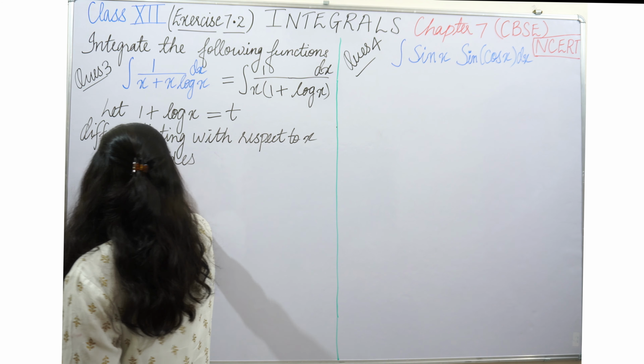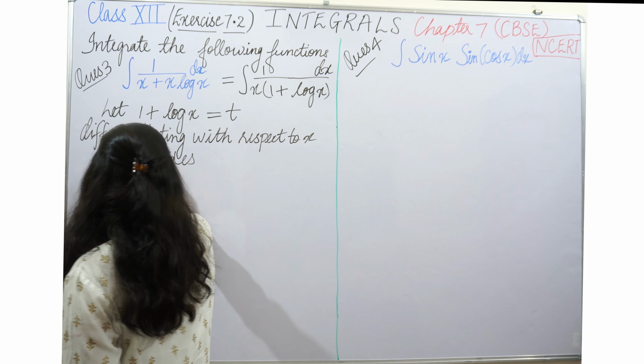So I'll be resubstituting the value of t, which was 1 plus log x. So ultimately I'll be getting over here log of 1 plus log x, plus c. Okay, plus c. So this is my answer.